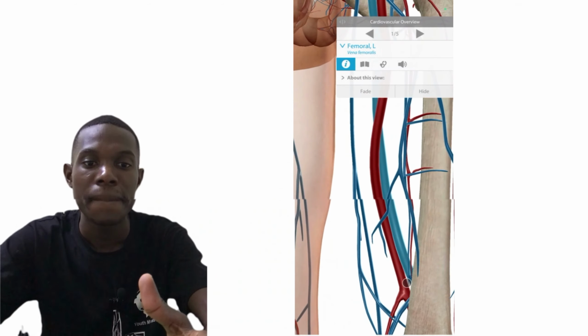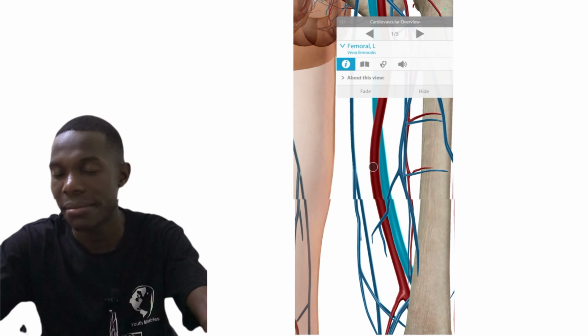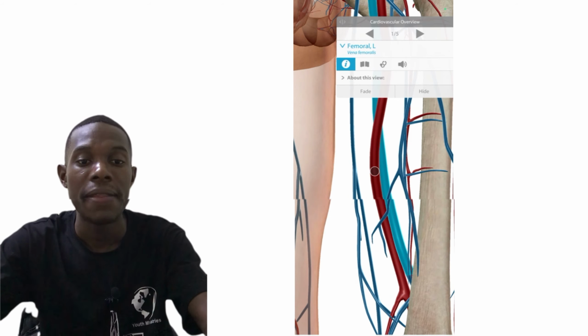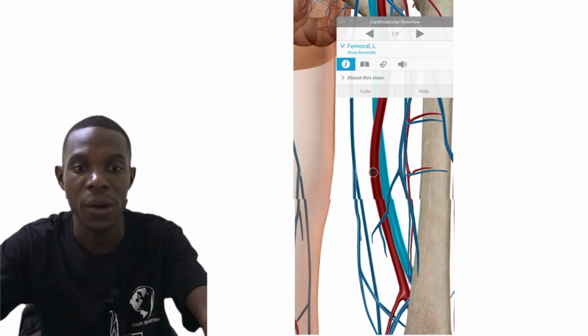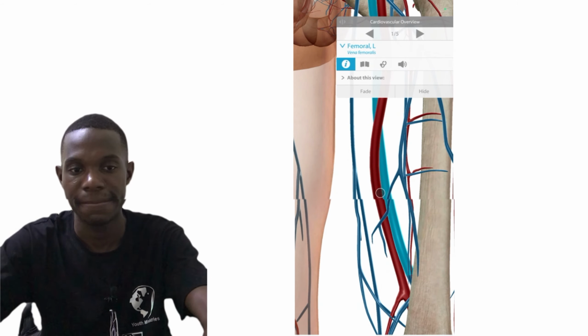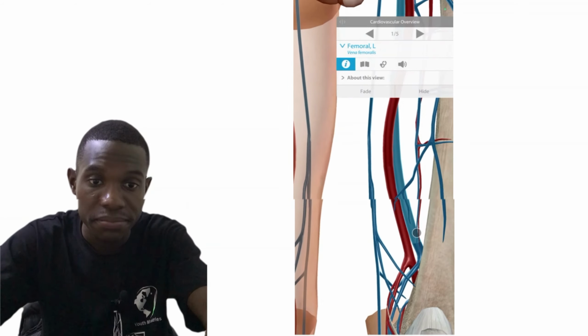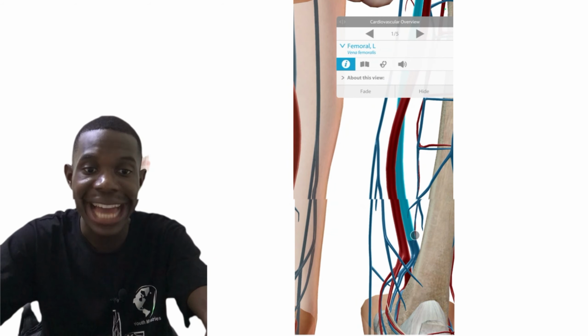So in the subsartorius canal, the artery will be medial and more superficial than the what? Than the vein, right? And then both of them are going to enter what we call the adductor hiatus.